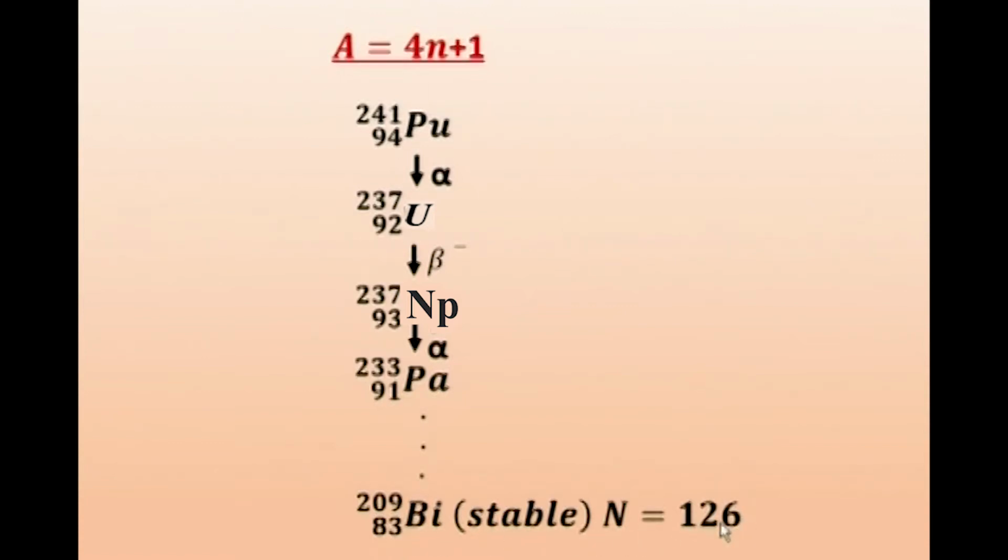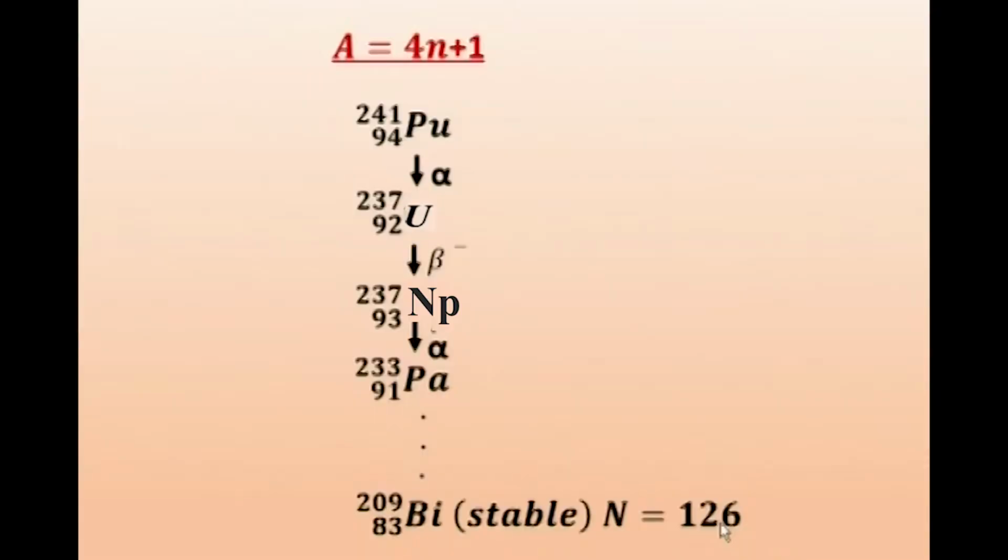So, when n equal to 126, it becomes stable, but they did not know why. We have an explanation for this in the shell model, but this was analyzed much before the shell model. Therefore, they did not know the reason why it is stable. Whenever the neutron number is 126, it becomes stable. It was called a magic number, because it was beyond the scope of understanding.